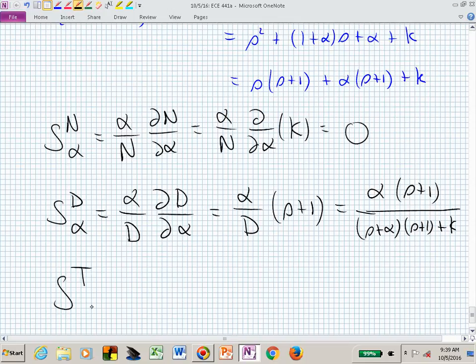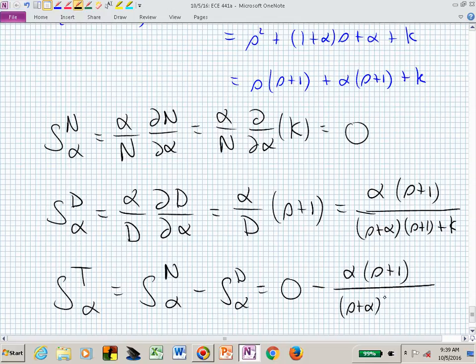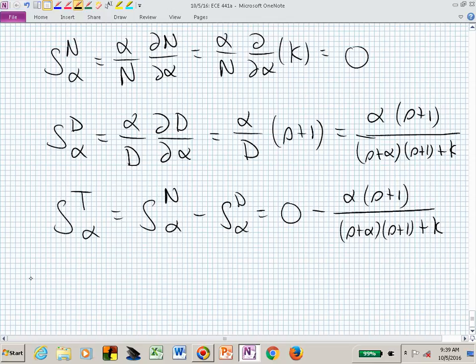And our overall sensitivity of T with respect to alpha is 0 minus alpha (s plus 1) over (s plus alpha)(s plus 1) plus K. Does that look like what we had before? Should be the same formula or expression for this sensitivity. The sensitivity, how does our closed loop transfer function change relative to variations in alpha? That's what this expression gives us.